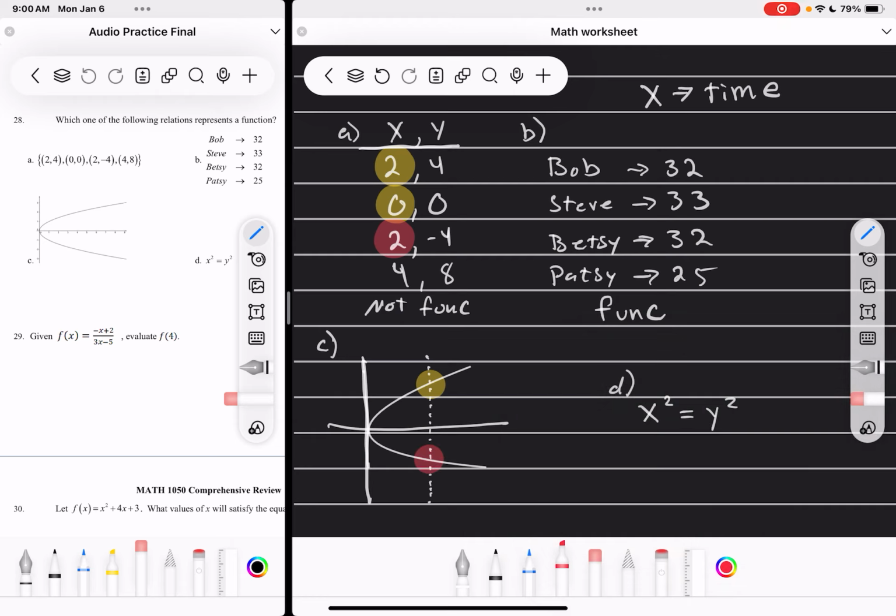Because it hits a second time on the X line, or X has 2 different results. In this case, as time moves forward, if we think of the line as the temperature in the room, the temperature can't be above and below 0 at the same time. So this is, again, not a function.